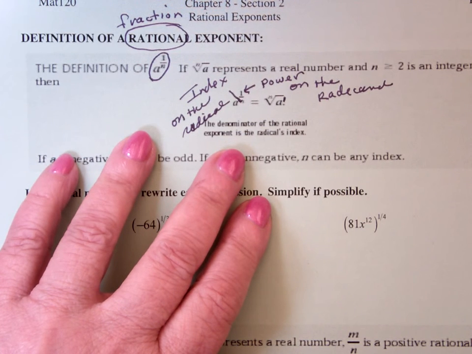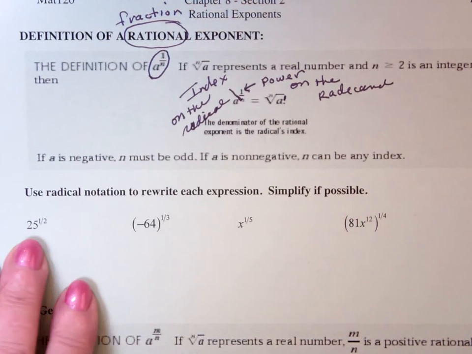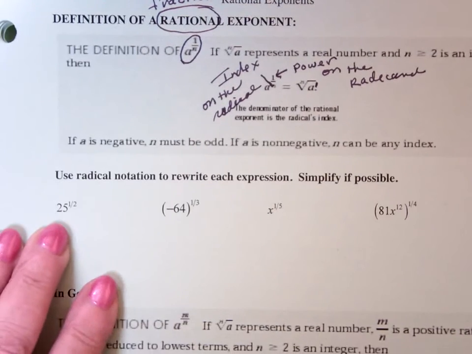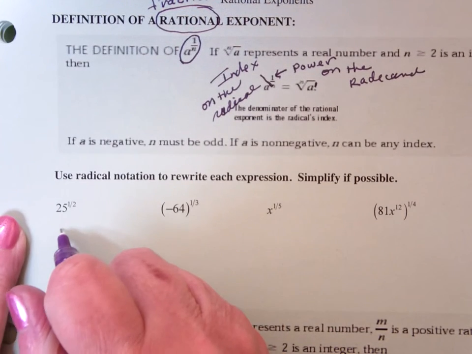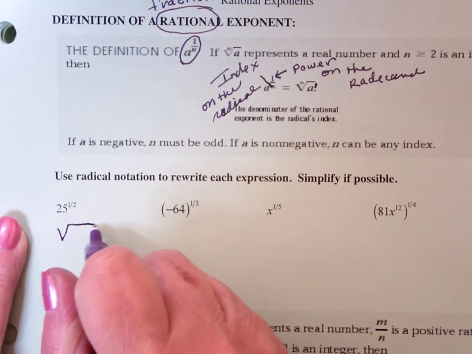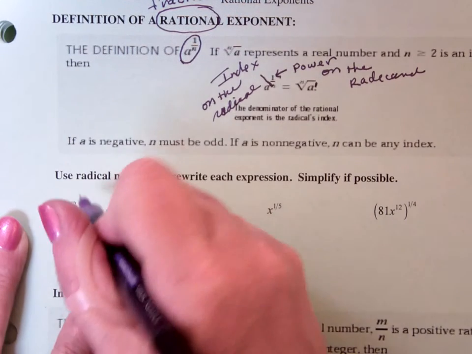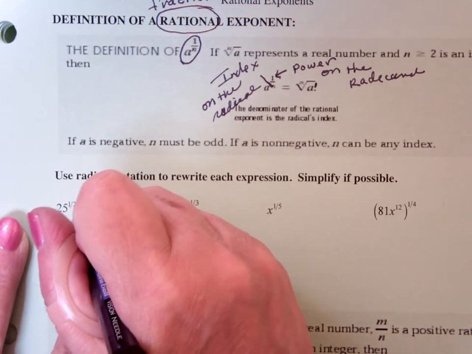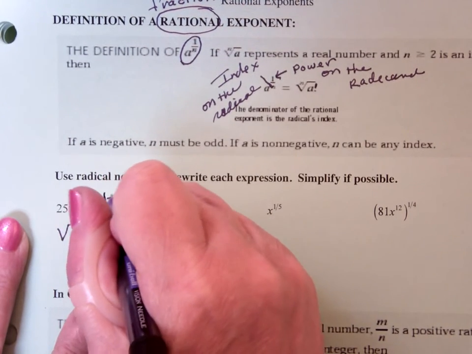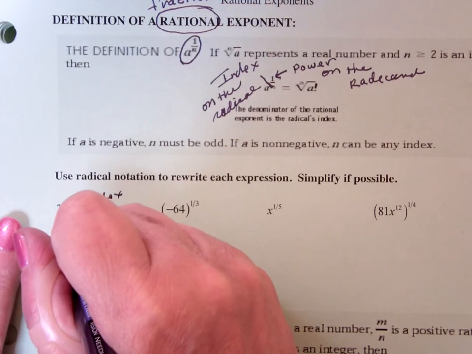So I look at the issue of 25 to the 1/2 power. This is really the square root, there's the radical, because it's a fractional power, a radical is involved. The denominator is the index, so it has an index of 2.